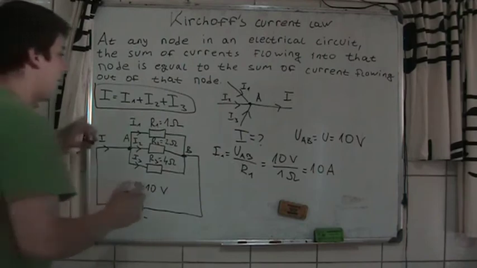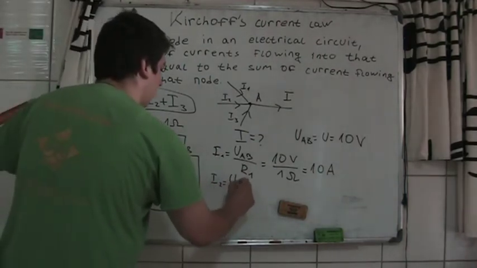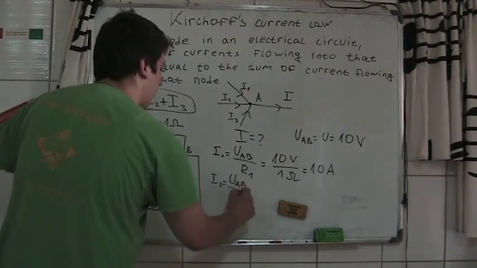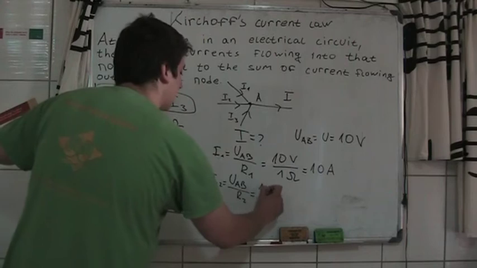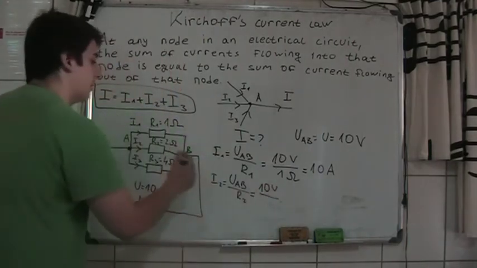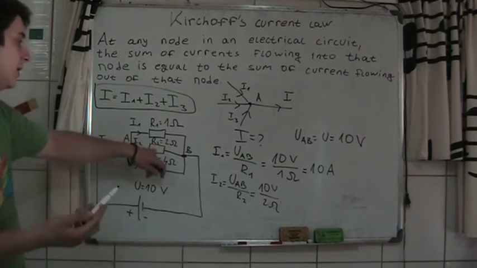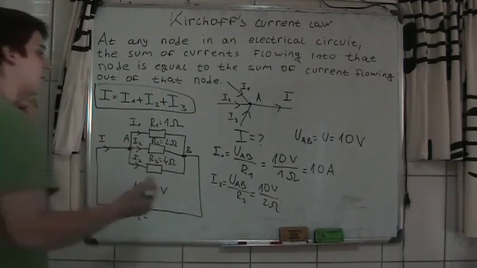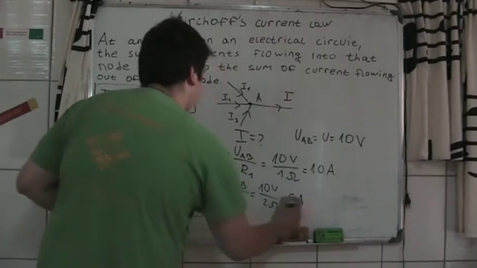Okay, now I2 is equal to the electric potential difference U_AB divided by R2, and that's 10 volts divided by 2 ohms. Because the resistance of resistor 2 is 2 ohms, and that's 5 amperes.